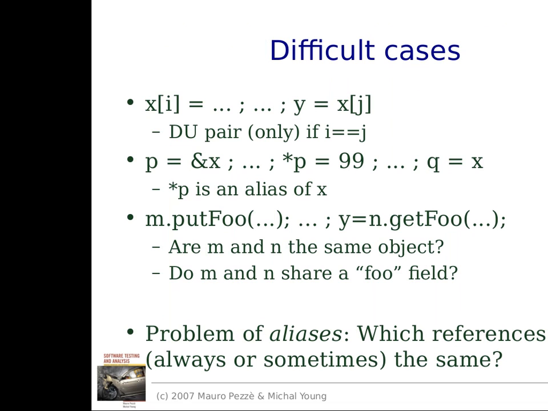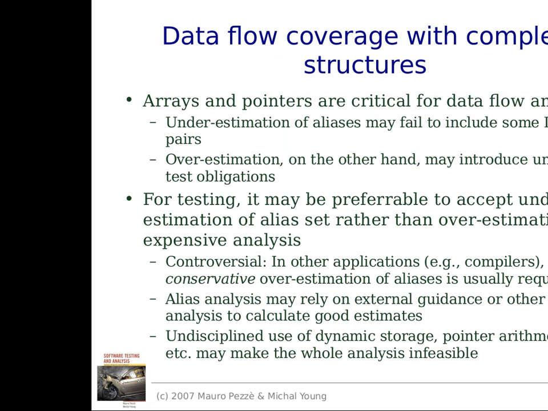Hopefully you can see from the past that since we now have to do pointer arithmetic evaluation or object referencing evaluation, which basically resolves to pointer arithmetic, this can become essentially a halting problem, and therefore it can become pretty infeasible pretty quickly. So you may need to either underestimate or overestimate, but unfortunately neither of those has outcomes that we like, because underestimating will miss some DU pairs, and overestimating may introduce something that's infeasible.